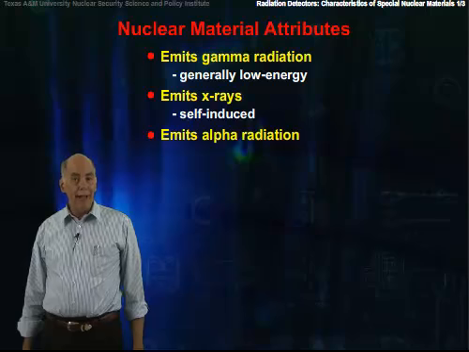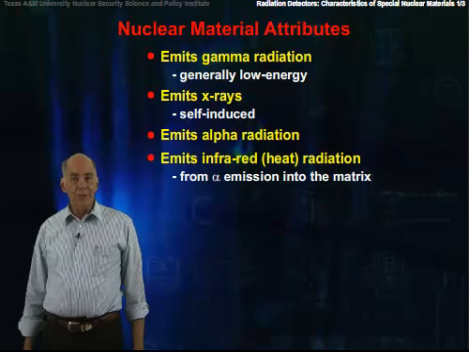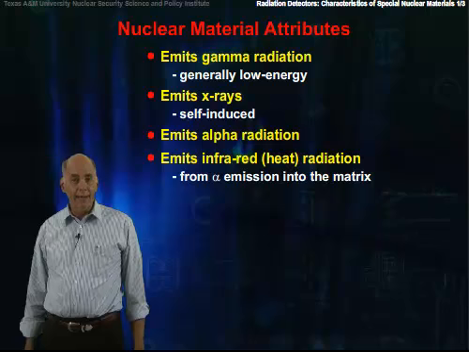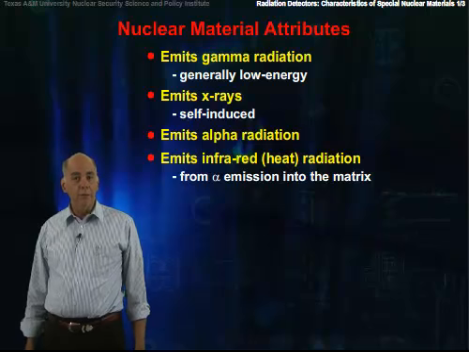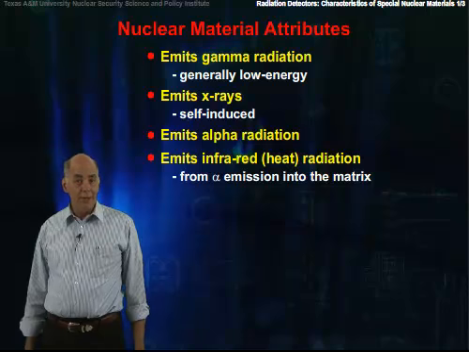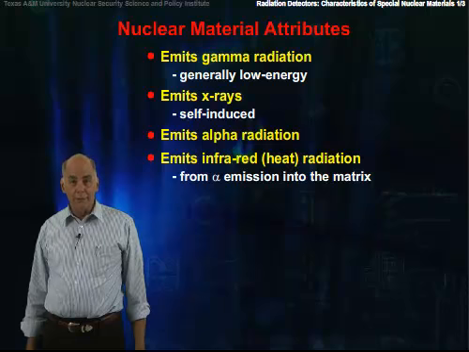As we said, they emit alpha radiation. As a secondary effect from decay, they emit heat, either in the form of infrared or by conductive flow of this heat from the energy deposition of the decay products into the material matrix.